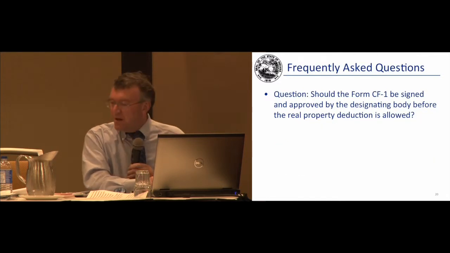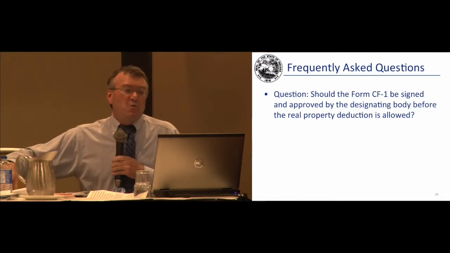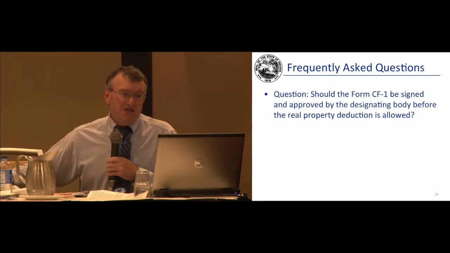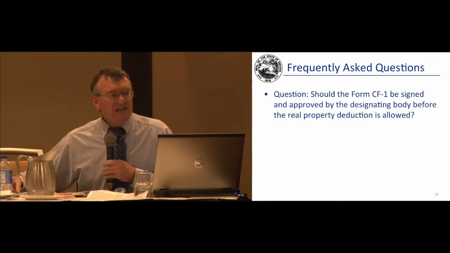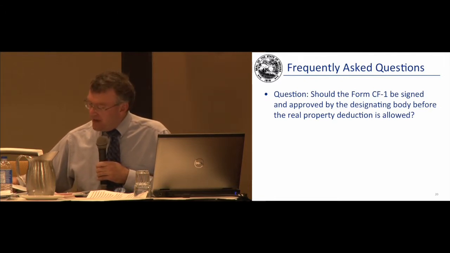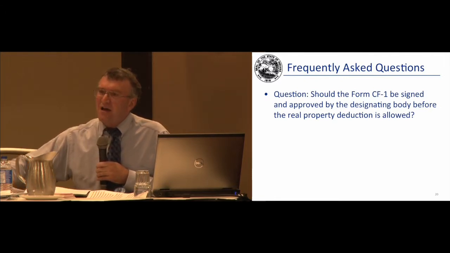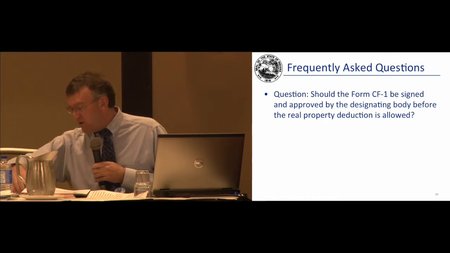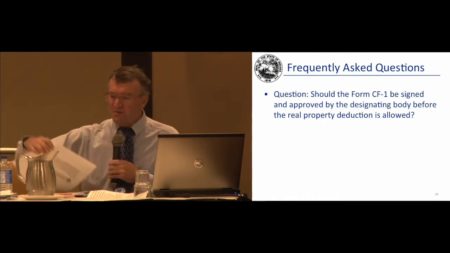So here's a frequently asked question. Should the CF1 be signed and approved by the designating body before the real property deduction is allowed? Let's go to page 5 of your packet, which is page 2 of the form CF1.